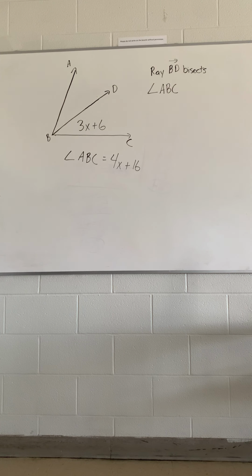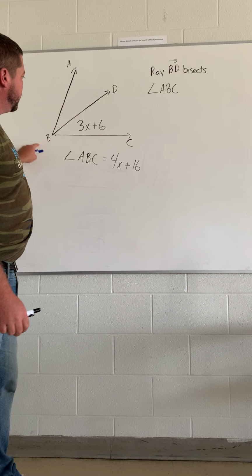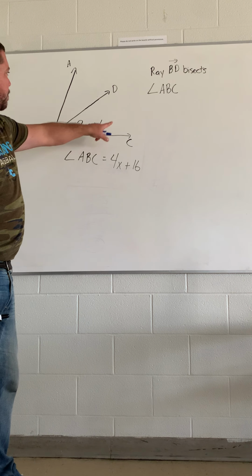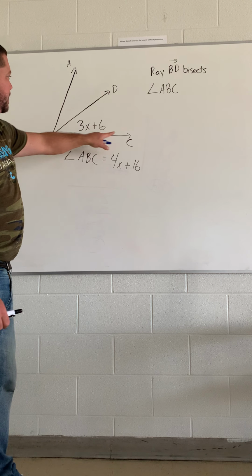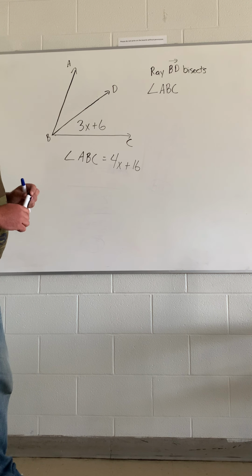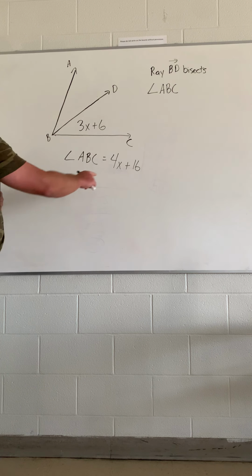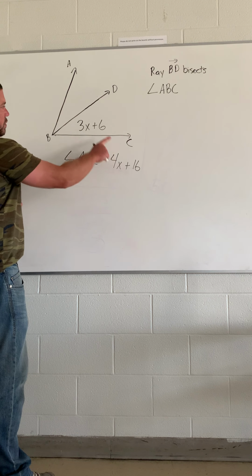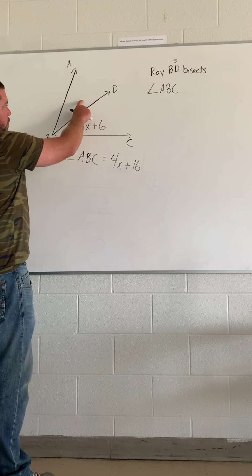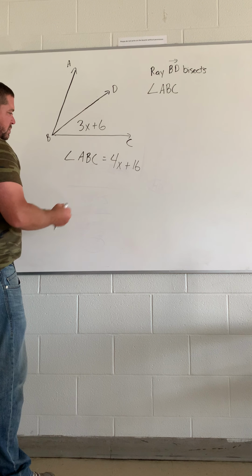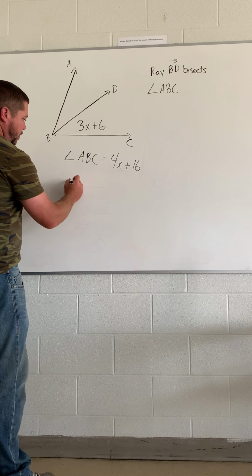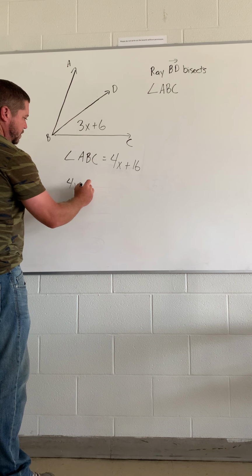All right, so in our next problem, we've got the measure of angle ABC, the big angle. We've got the measure of angle DBC. So we want to find the value of x. So if this is our total, we know that if we add this angle and this angle, we'll get the total angle. So let's take what our total angle is.